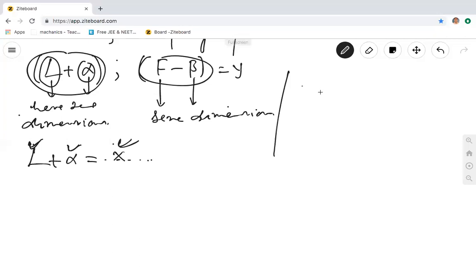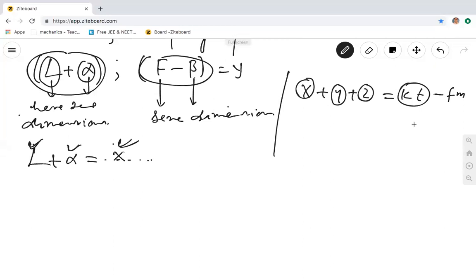Suppose I have x plus y plus z plus kt is equal to fm. Then x has the same dimension as y, same dimension as z, and same dimension as kt, not k, kt, the product as a whole, and same as fm.